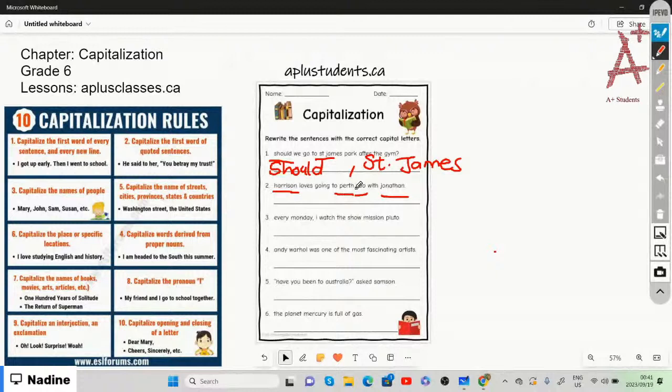So Harrison is written with a capital letter H. Then we have Perth, which is capital letter P. Let me fix that.